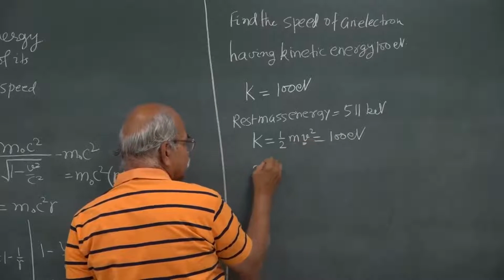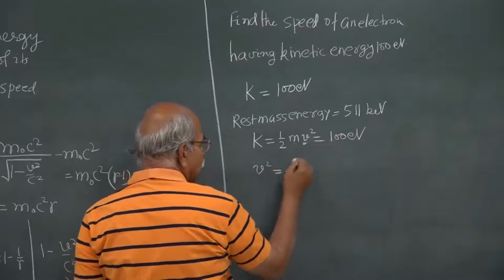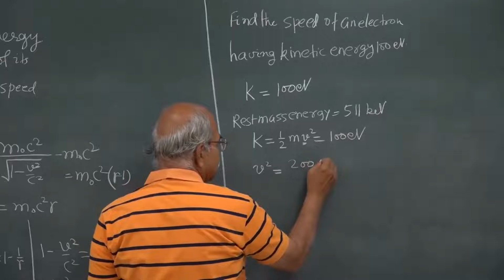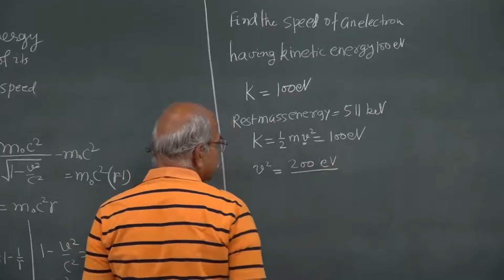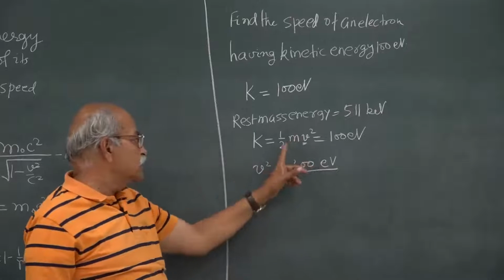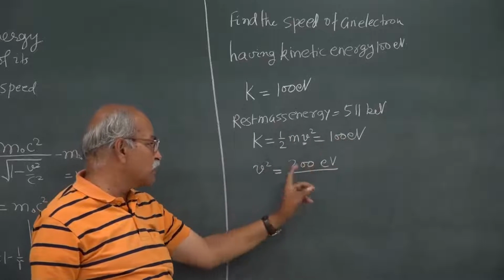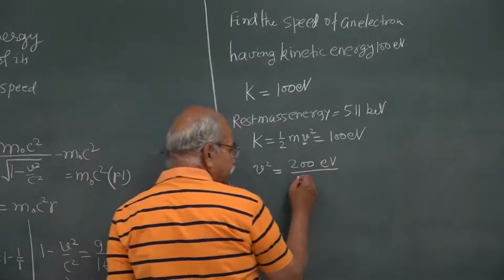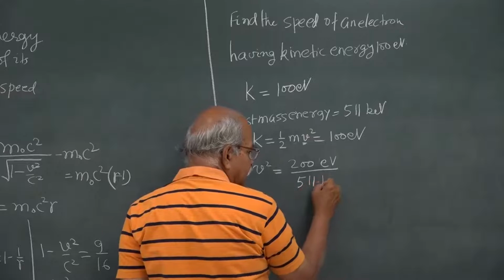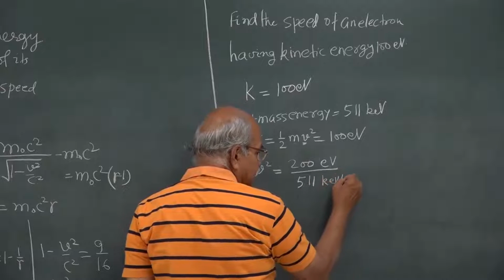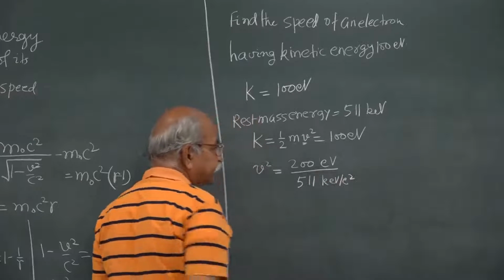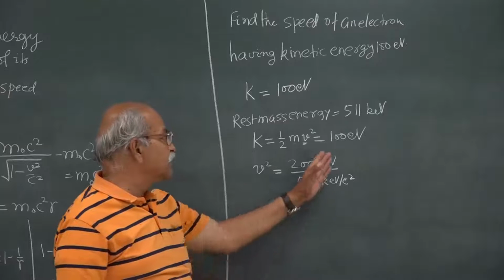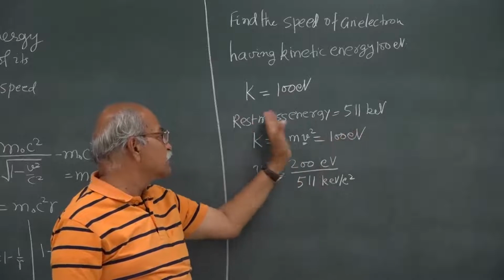So, we can write v square is equal to 2 into 100 eV, that is 200 eV, divided by mass. Mass I can write as 511 keV per c square, because m c square is 511 keV, that is the rest mass energy.